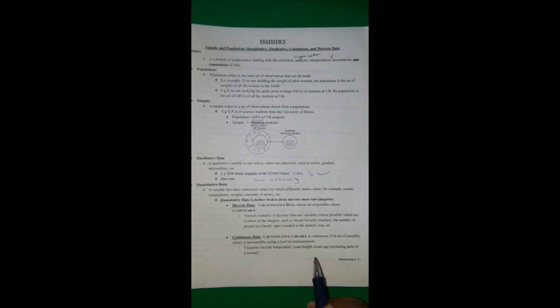Exact age, in terms of your exact age, you would say I am 10 years old, 5 months and 3 days, with seconds you could even include, and then you could notice that that would be continuous data. Now, how do I know if it's continuous? The only thing that I need to ask myself is, am I using a tool for measurement?